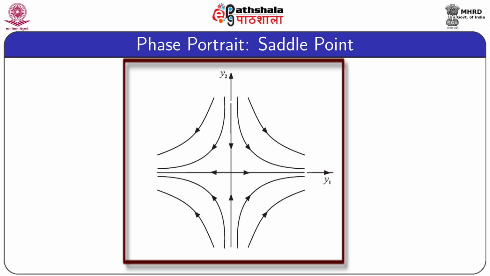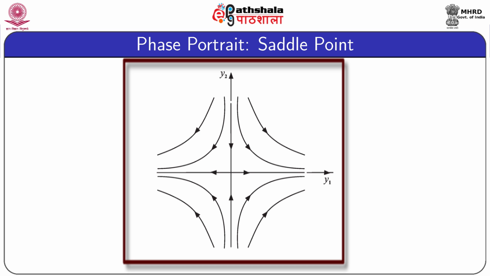Hence, the asymptotic paths will be from this direction towards this direction, and from this direction towards this direction. The same thing is followed all over this graph, that this non-rectilinear path will follow from this direction to this direction, because this line has come from this direction and then moves towards this direction.